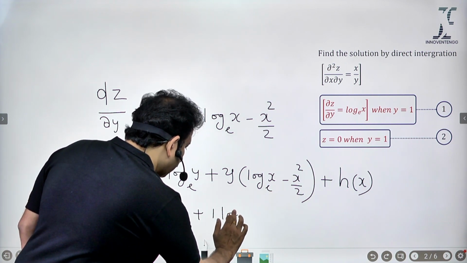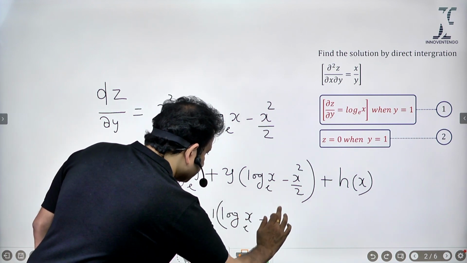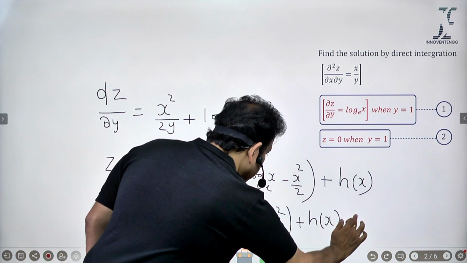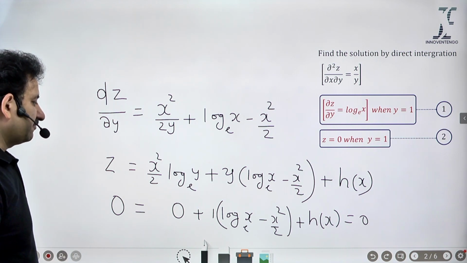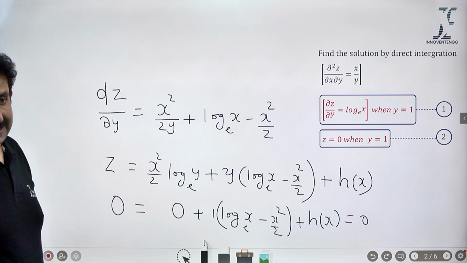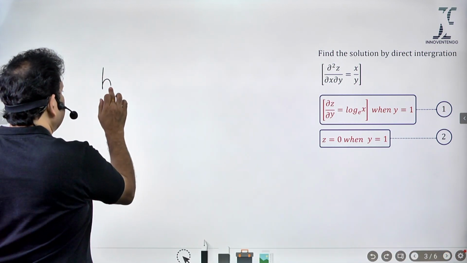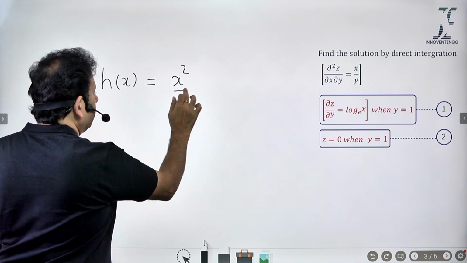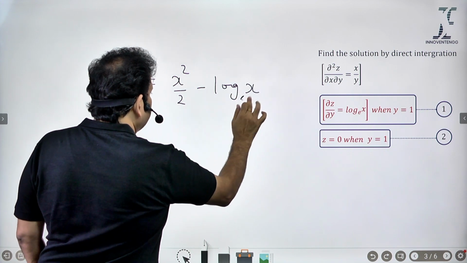You get log x to the base e minus x square plus h of x is equal to 0. That means your RHS would simply be x square by 2 minus log x, right? So therefore, I can write it as h of x is simply equal to x square by 2 minus log x to the base e.